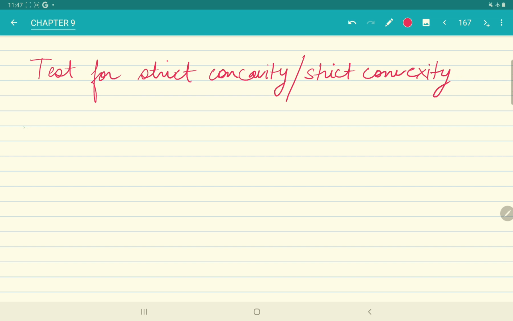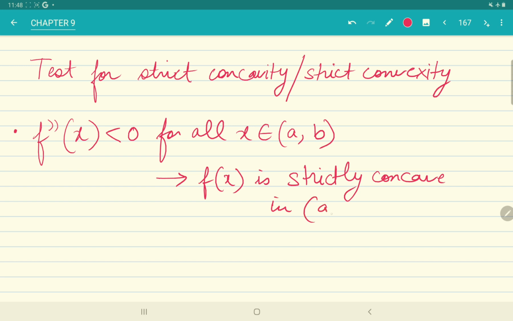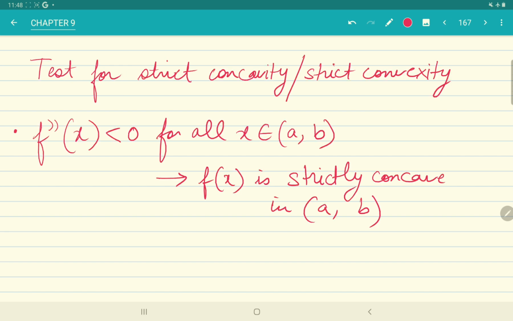And here I can write, the first point is, if we have f double prime x less than 0 for all x belonging to this open interval, that just means f of x is strictly concave in A to B. And then I can write, if it is greater than 0, I have taken up that case.